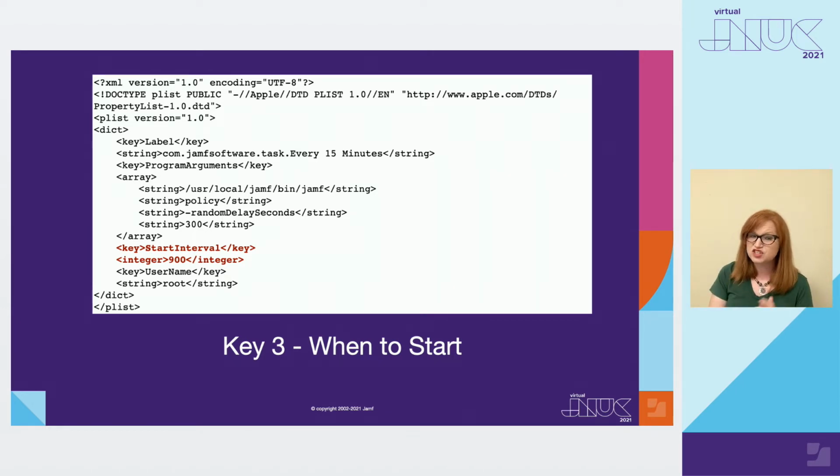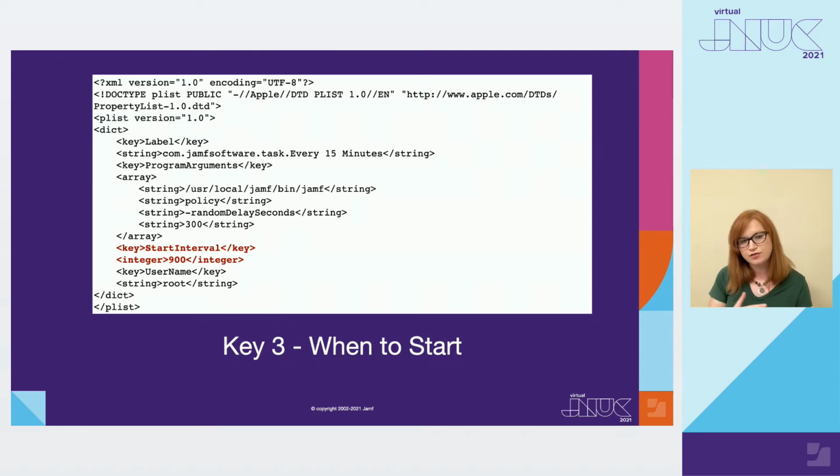Right here, we have the start interval key. And what that means is that you're going to give it a value in seconds. And every time those seconds are up, this is going to go. So the start interval here is 900, which means 900 seconds, which translates to 15 minutes. So that's how the recurring check-in trigger works. Every 15 minutes, this is running that jamf policy.